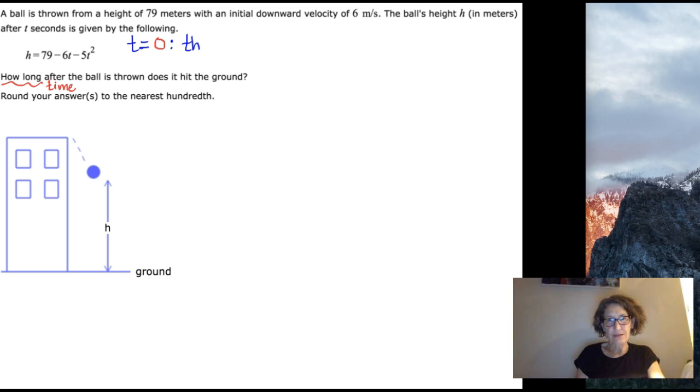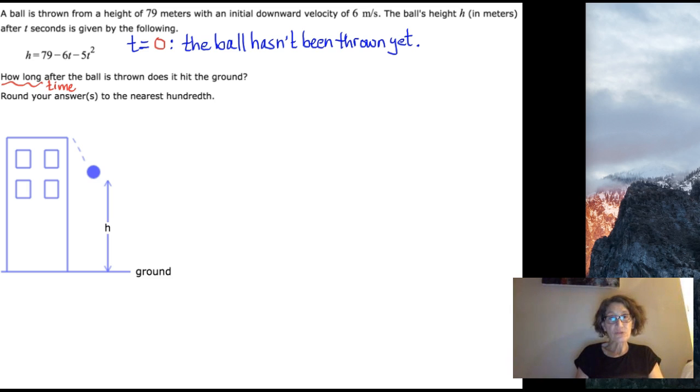And that just means that the ball hasn't been thrown at all, right? So where is it when it hasn't been thrown? It should be at the top of that building. It should be 79 meters high, 79 meters from the ground.